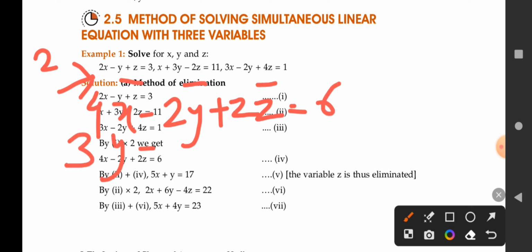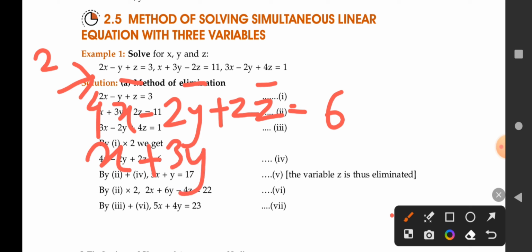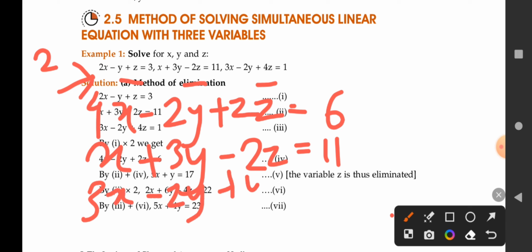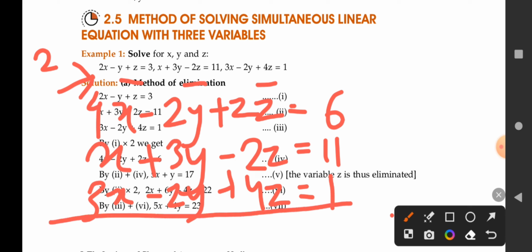Then 3y minus 2z is equal to, okay, something is missing. So this is 6, right? So x plus 3y minus 2z is equal to 11, and 3x minus 2y plus 4z is equal to 1. Now add these two equations and subtract this one.